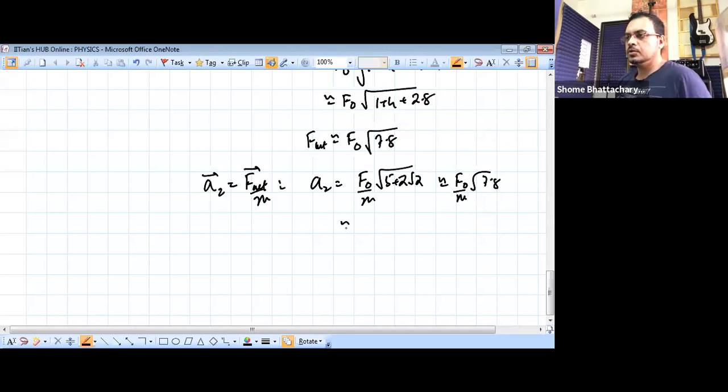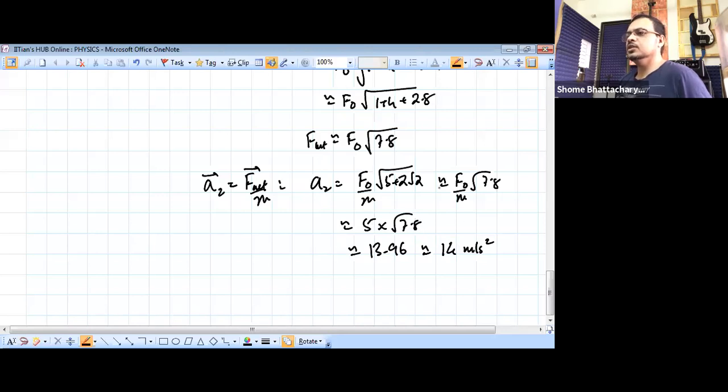So this is approximately 5 multiplied with the square root of 7.8. Multiply that with 5. You get 13.96. This is approximately 13.96, or you can say approximately 14 meters per second.